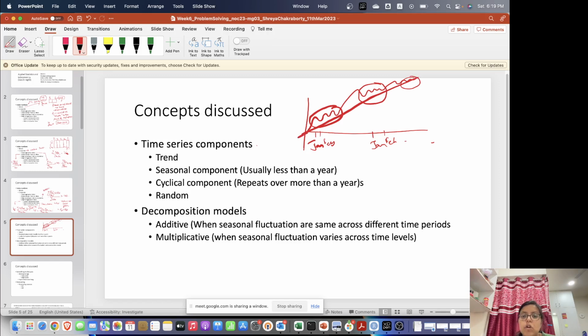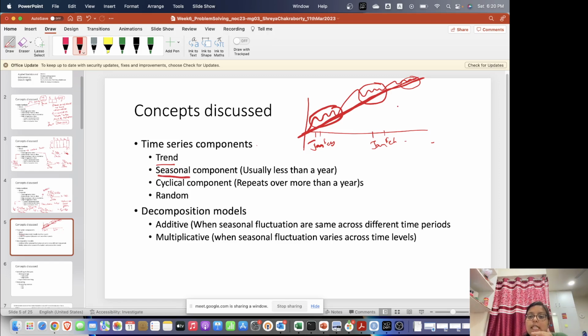So the smooth long term movement of a series of observations is nothing but the trend. And these periodic fluctuations or repeating patterns, with a period usually less than a year, are known as the seasonal component of a time series.